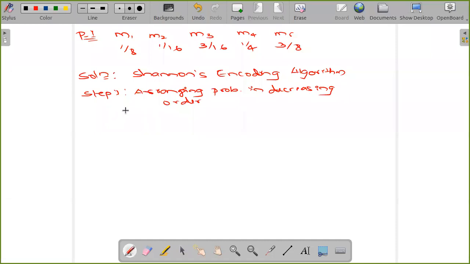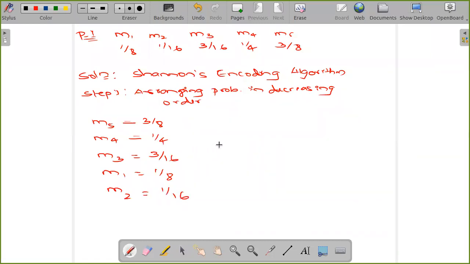The first will be M5, 3 by 8. Second one, M4, 1 by 4. Next, M3, 3 by 16. Then M1, 1 by 8, and M2, 1 by 16.